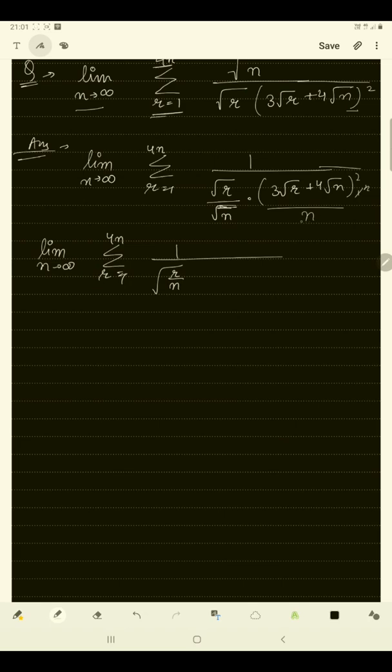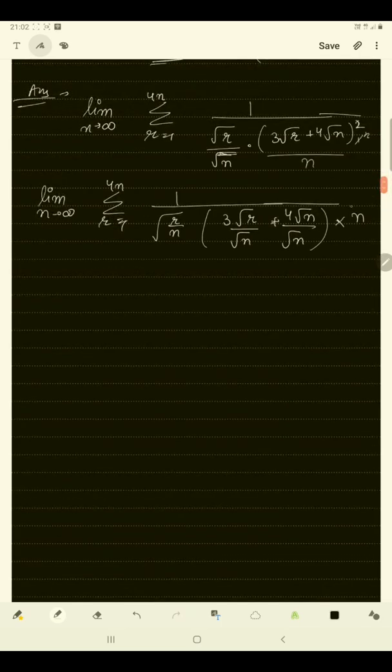Now why I divided by n is because when I send it inside the square bracket, it would get a root over it. What I'm saying is, it would be like this: plus 4 under root n upon under root n multiplied by n. Now there is an n in the denominator, which is very beneficial for us to make it into the form that we require.